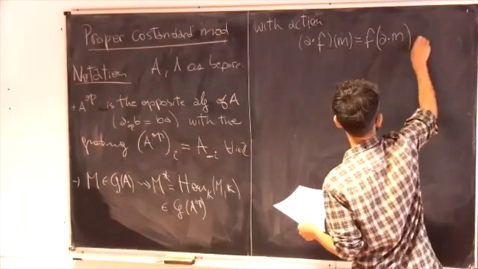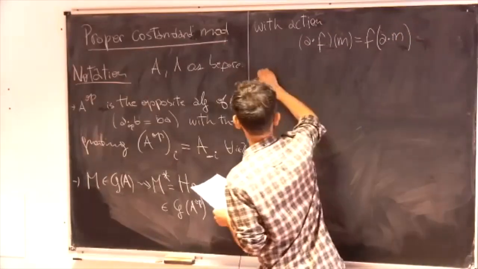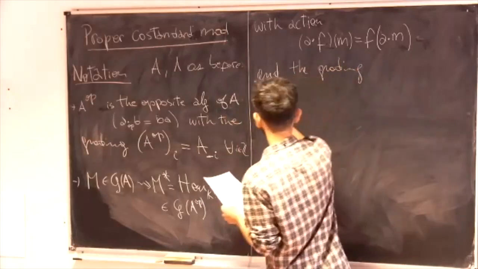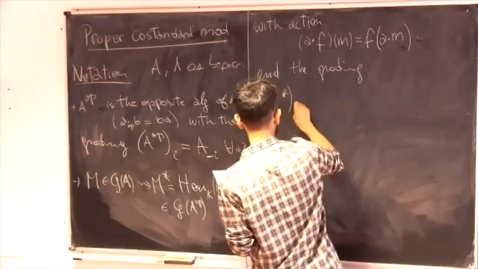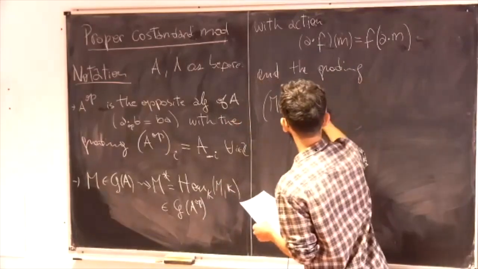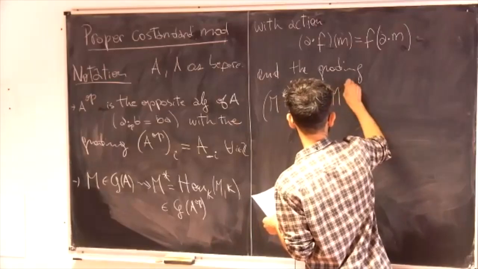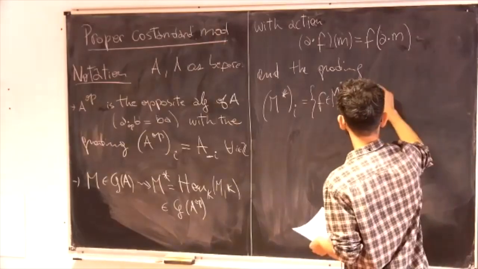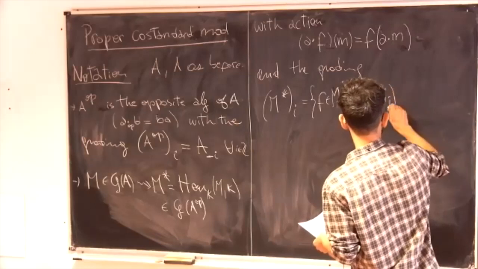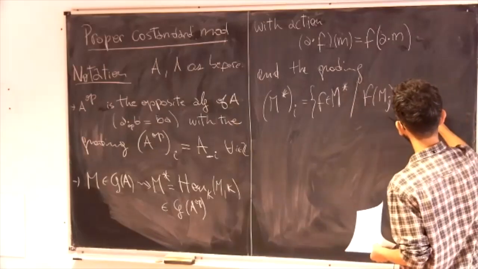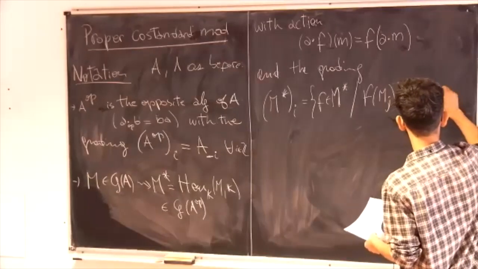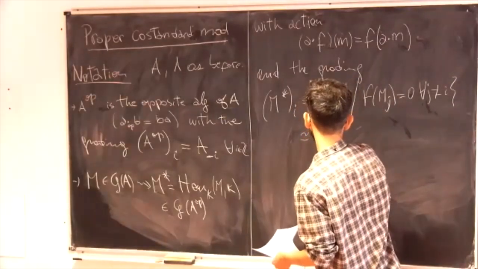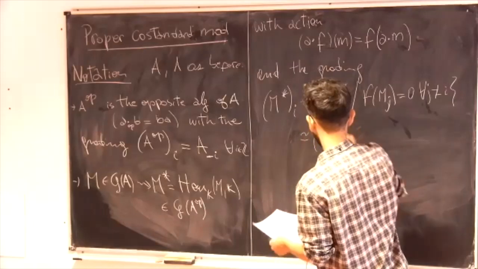And for the grading of this space, the homogeneous component of degree i is equal to the linear maps from M to the field such that they kill the other homogeneous components of M, and this is isomorphic to the dual of the homogeneous component of degree i.